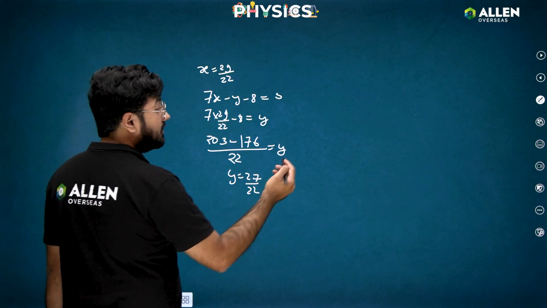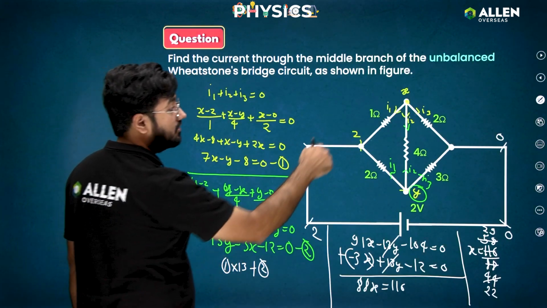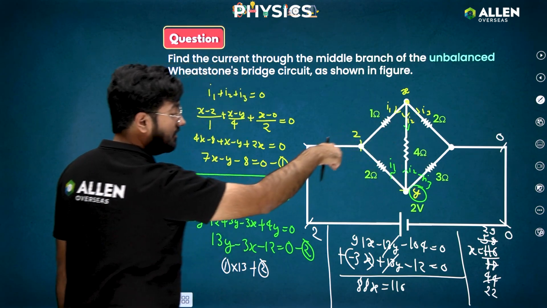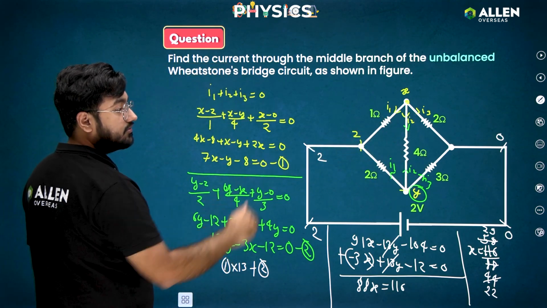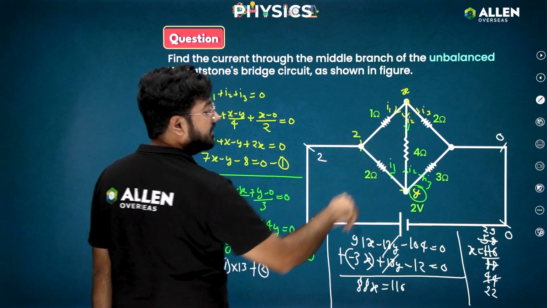So what is the current through the central branch? Current through the central branch, that is I2, is (x minus y) by 4.